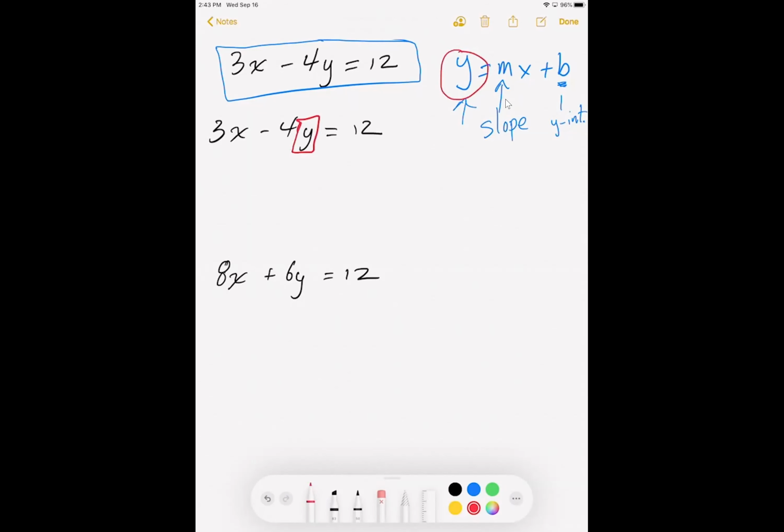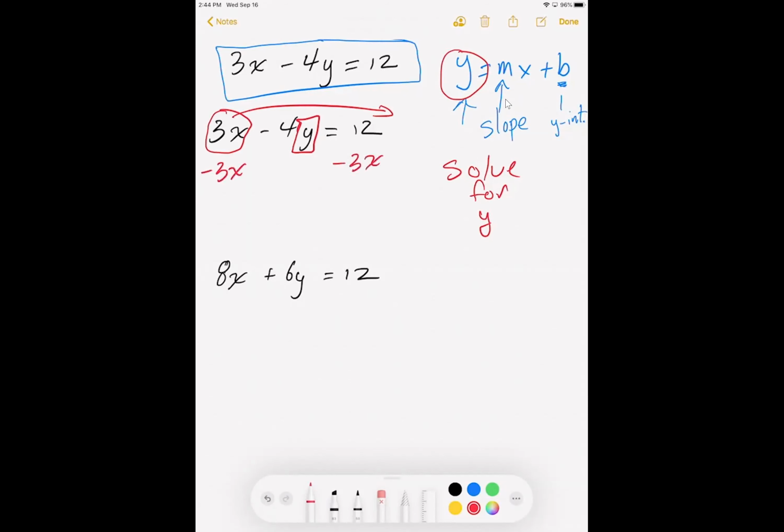So this is where we go back to chapter 2.5. We need to solve for y. How do I solve for y? We need to get rid of this 3x. How do I get the 3x to that side? I need to subtract 3x.